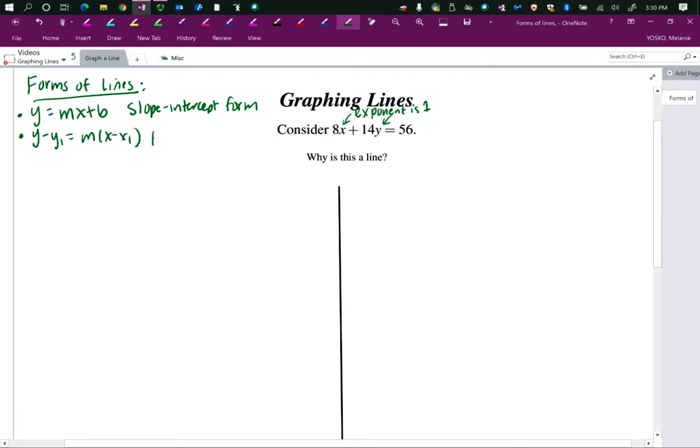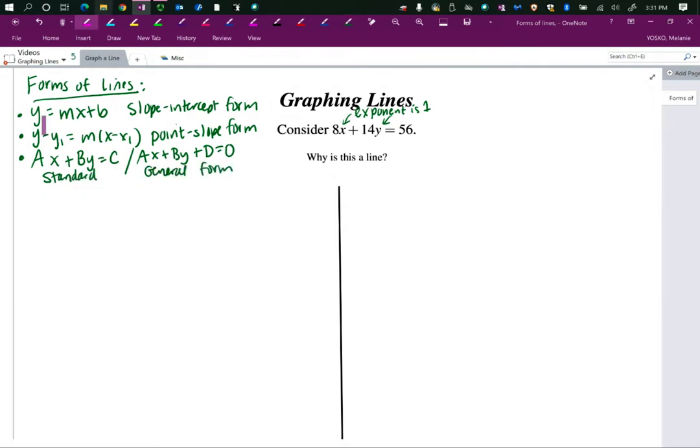This is called point-slope form. And then we have two that look very similar: ax plus by equals c. And then sometimes you'll see it as ax plus by plus d equals 0, where the constant is on the same side. The first one is standard form, and this one's general form.